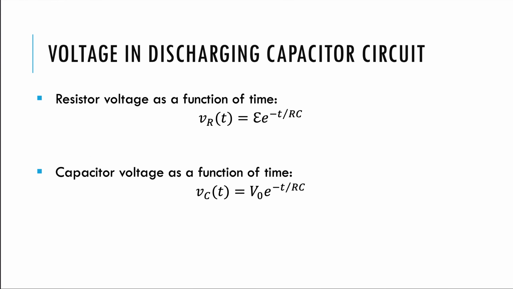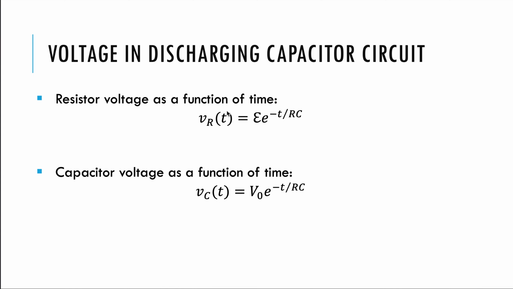And finally, let's look at the voltage. When we have our discharging capacitor, we can use the same process that we did before. We can use the equations that we just found for current and for charge as a function of time to get the voltage across the resistor.